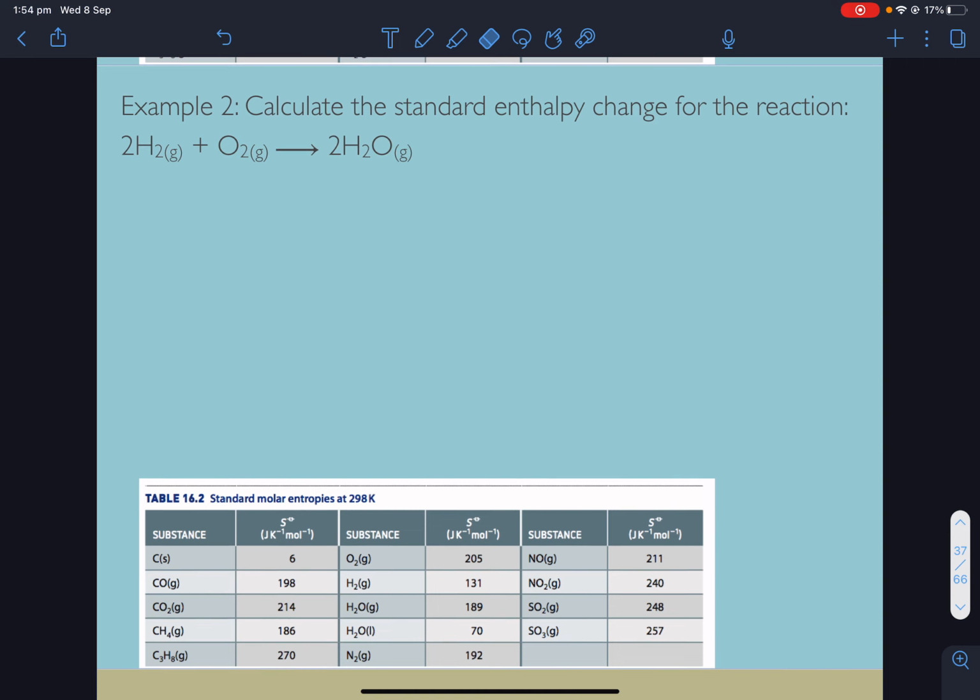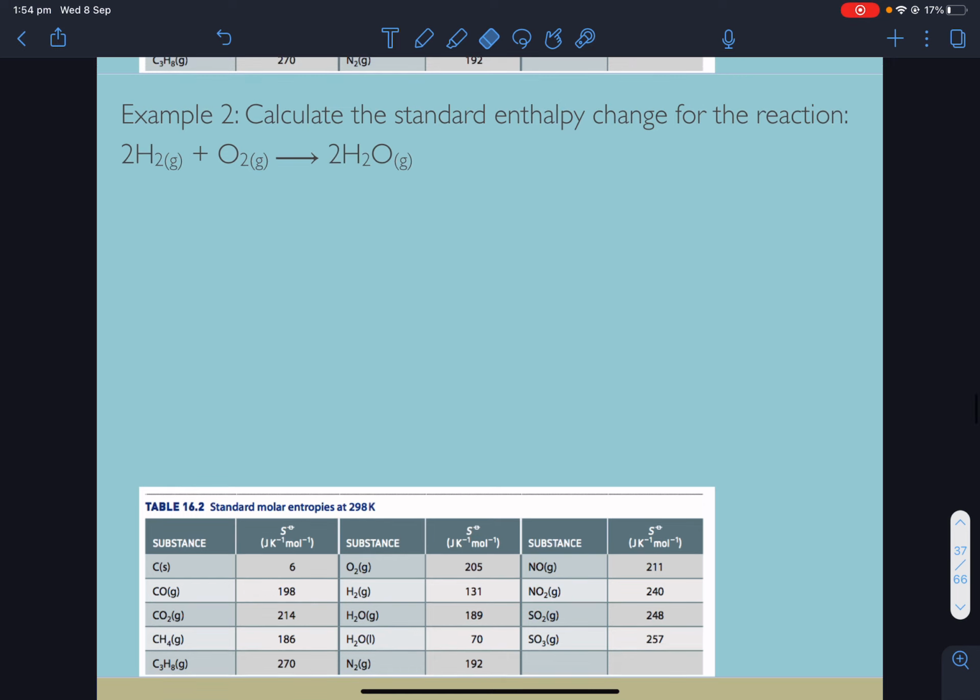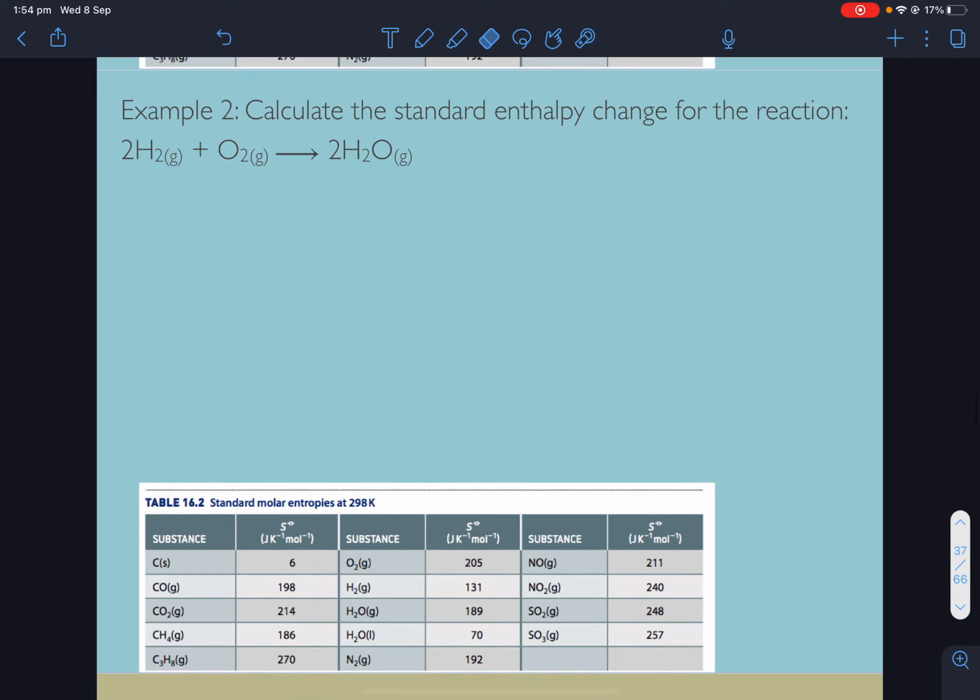All right, example 2. Calculate the same thing. We've just got a different reaction here. We've got the combustion of hydrogen to form water. Okay, let's start with our delta S. It's going to equal the sum of the entropies of the products minus the sum of the entropies of the reactants. Hopefully I get them around the right way this time.